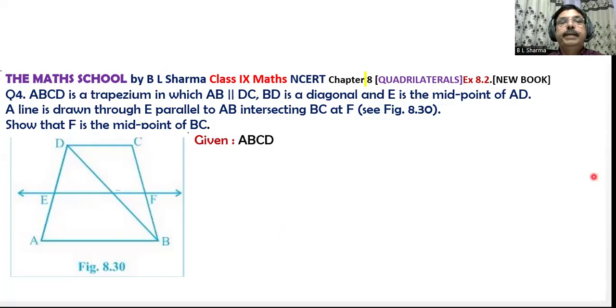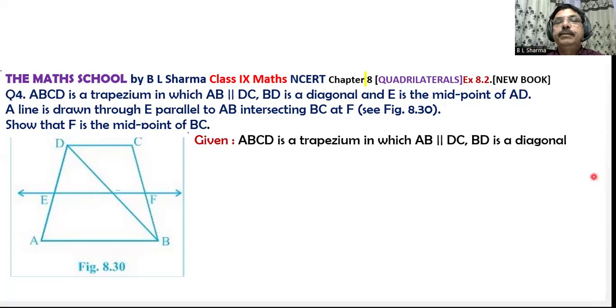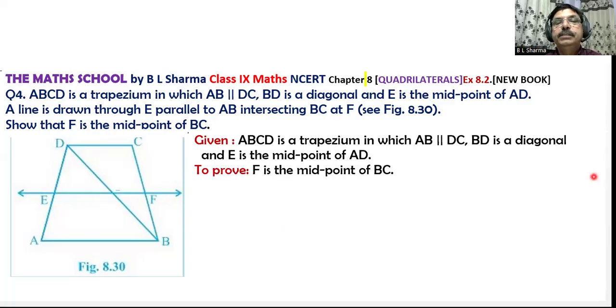What is given? ABCD is a trapezium in which AB is parallel to DC, BD is diagonal, and E is the midpoint of AD. To prove F is midpoint of BC, how to prove? Do you know converse of midpoint theorem? It will be done by that.